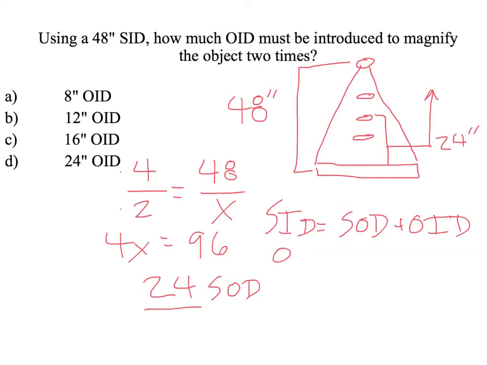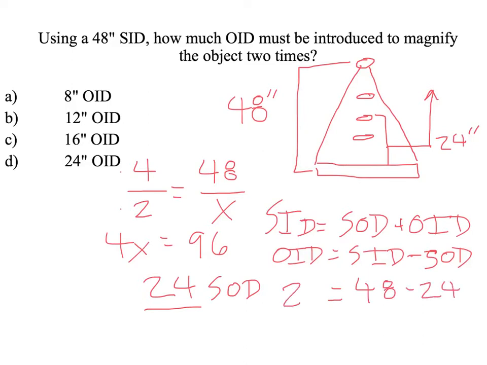So OID is going to equal the SID minus the SOD, right? So in that case it is 48 minus 24, which equals 24. So the answer is D. So there's 2 different ways to think about this.